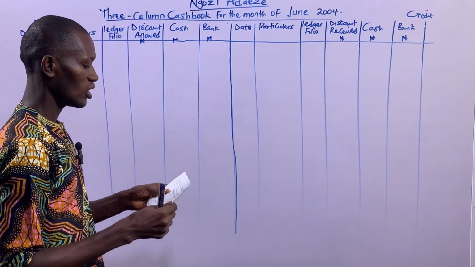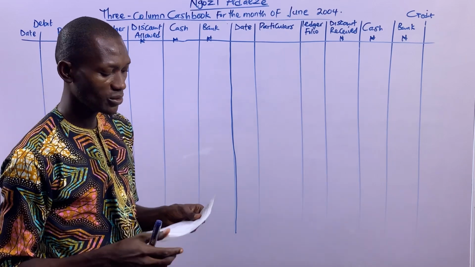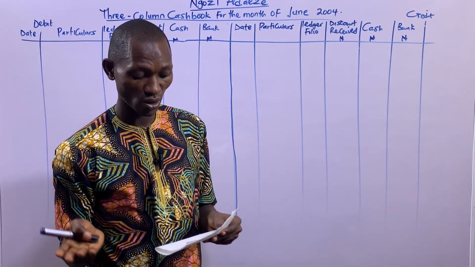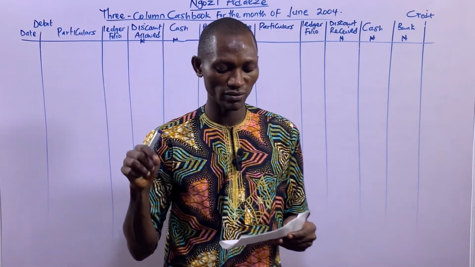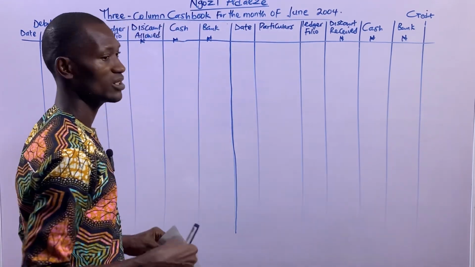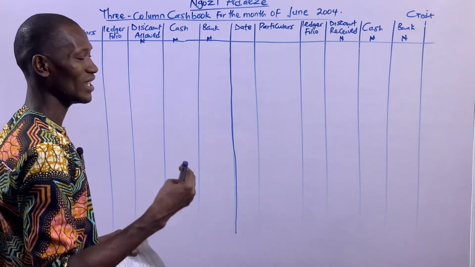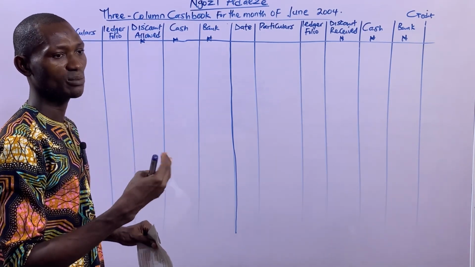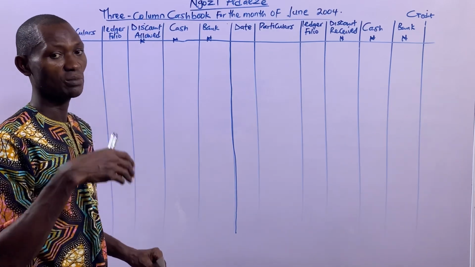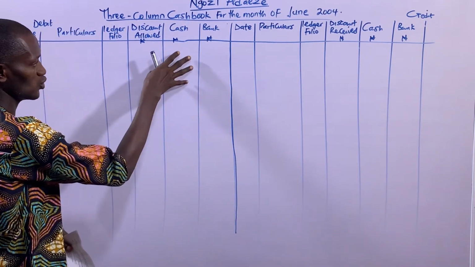So Ngozi Adeze started a retail business with a capital of 25,000, which she paid directly into the business bank account. So that is like balance brought forward in the bank account because the money was paid into the bank account. So it will be the debit side.